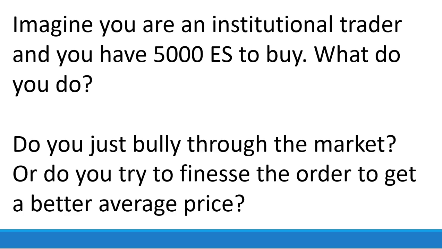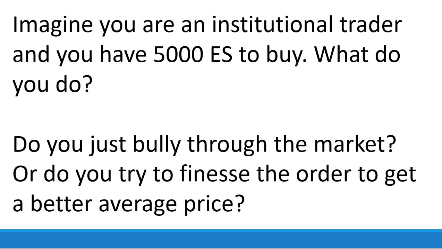Now, I have explained before that for large orders, institutional traders are concerned with their average price. So say the market is 2021 bid at 2021 and a quarter, and there's, say, 300 on the bid, 500 on the offer, at a half there's 600, at 3/4 there's 1,200, at 2022 even there's 1,500.